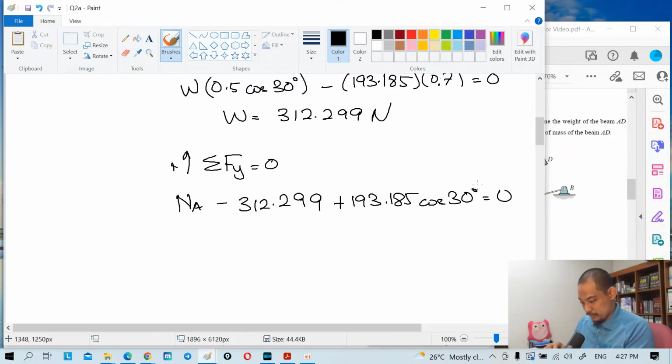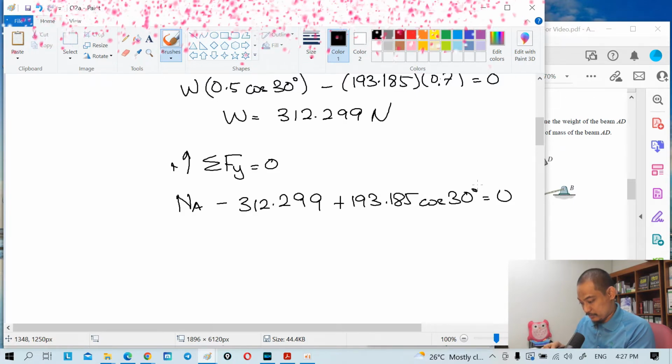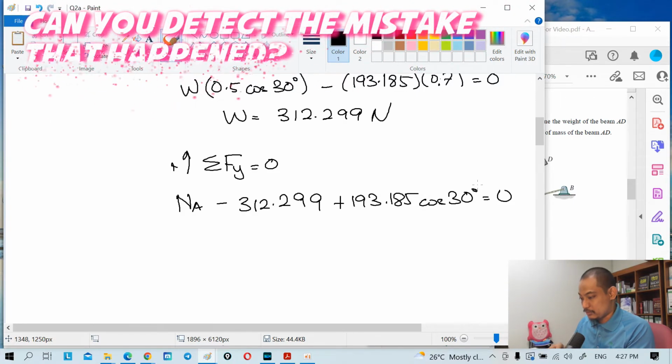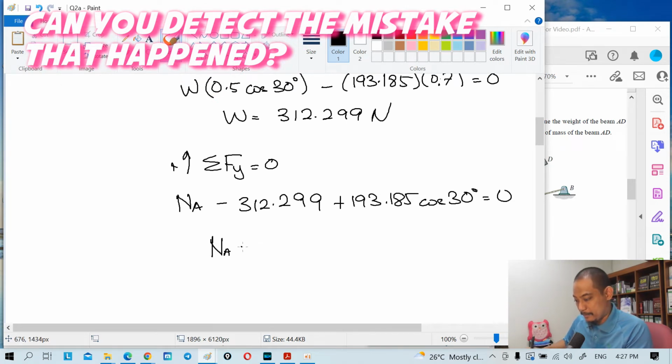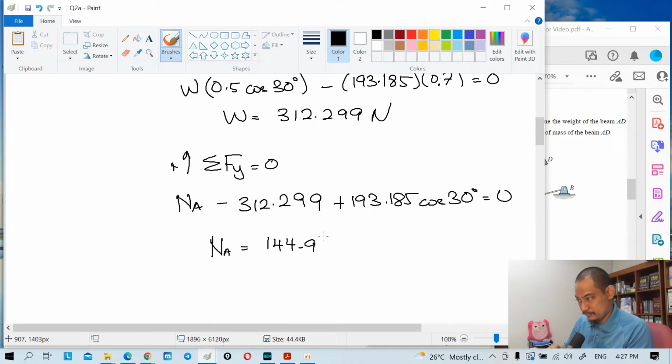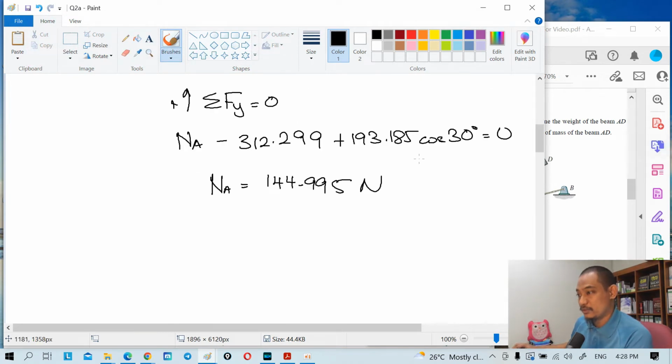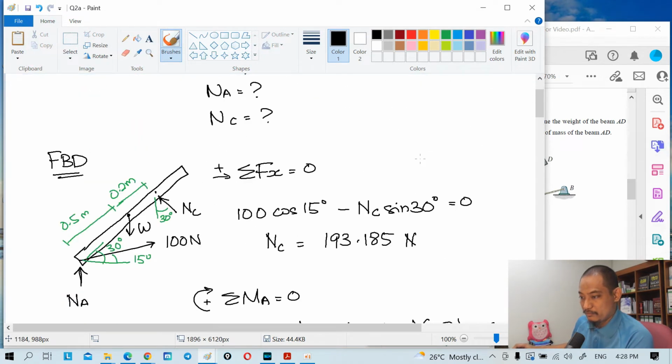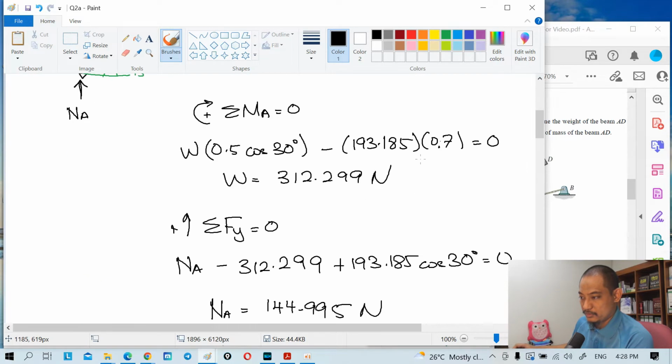So minus 312.299 plus 193.185 times cos 30 degrees. Bring to the other side. So NA equal to 144.99. This is not correct. Oh, no wonder, I forgot the 100 Newton, right?